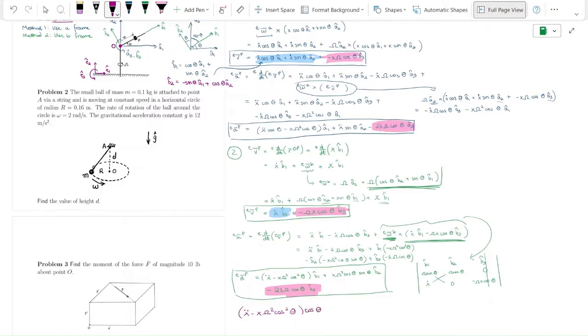So times cosine theta b1 hat plus, and then B2 hat is negative sine theta A1 hat and then plus cosine theta. Okay, that's ugly.